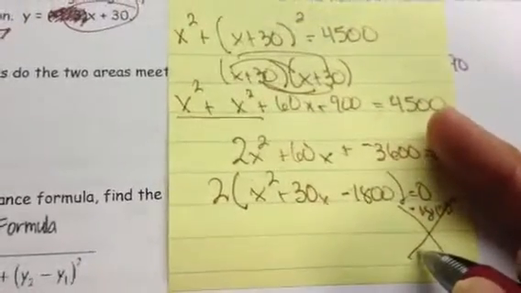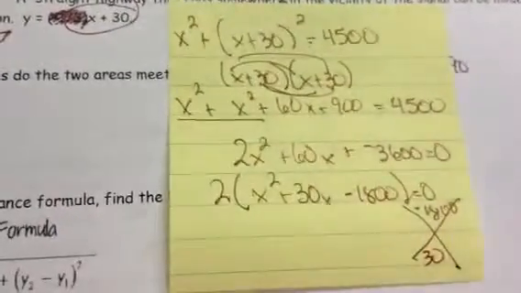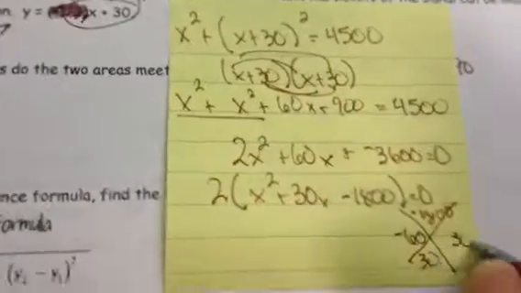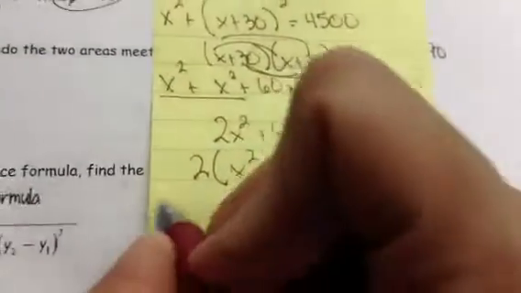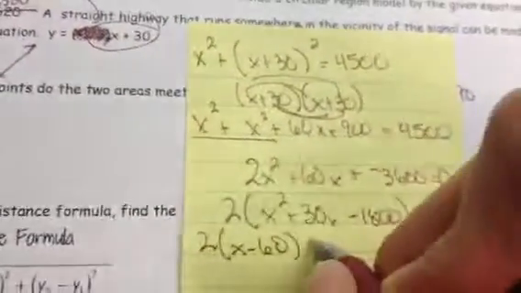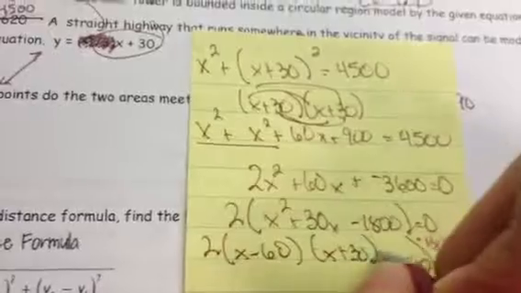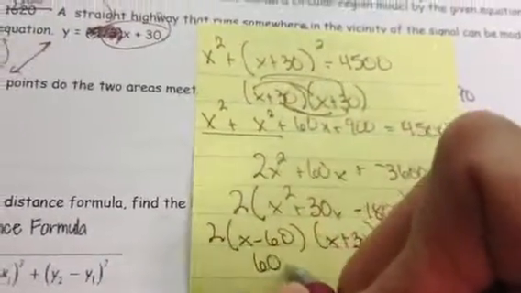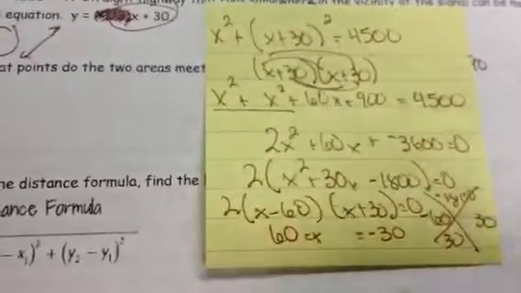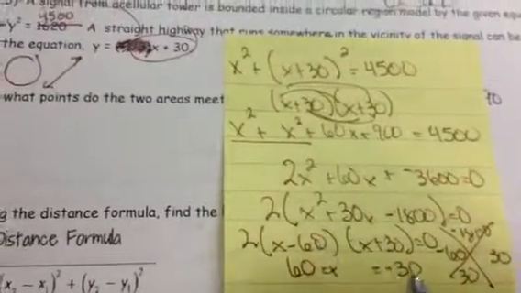Those factors are going to be negative 60 and 30, and then my parentheses now are the 2 that I had before, x minus 60, x plus 30, so what makes those 0 would be 60 and negative 30. So those are my two x values, which means now I need to find the two y values.